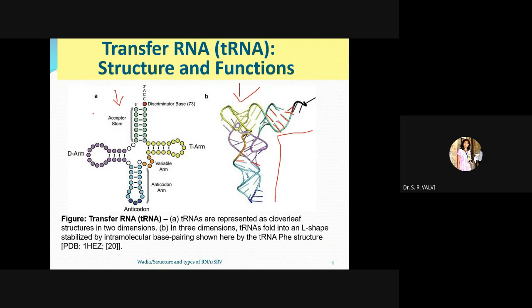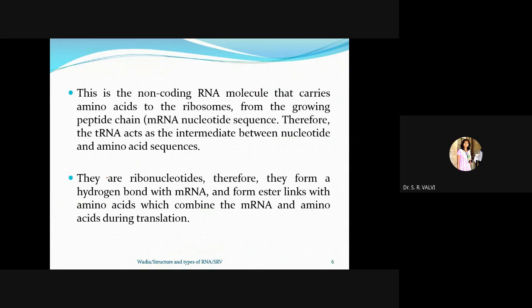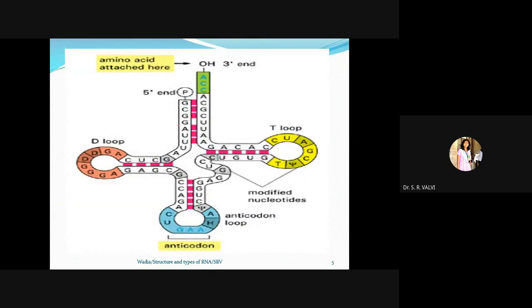And here we can observe a clover leaf like structure. I have put up the image of the clover leaf also, that I will show you in my coming slides. Now for the actual structure of tRNA: as I said, it is made up of nucleotides, about 70 to 80 nucleotides.